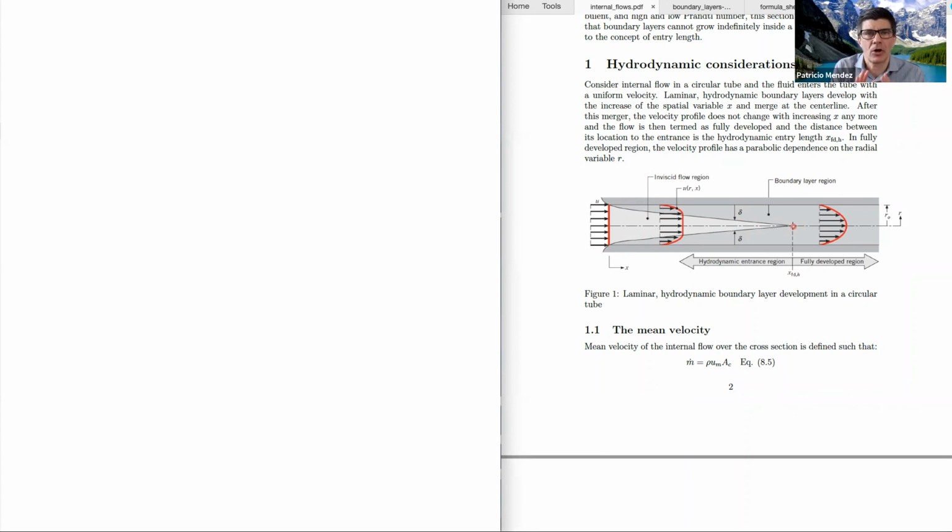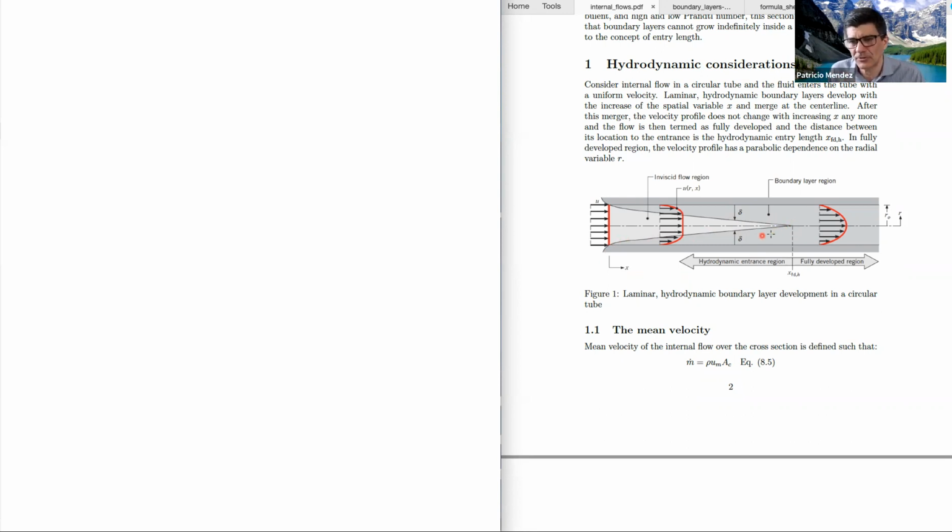This is the whole concept of entry length, which you very likely heard in fluid mechanics. So at the beginning, we develop a boundary layer, and that regime is called the entry length. And when the two boundary layers collide, you have what is called the fully developed region.